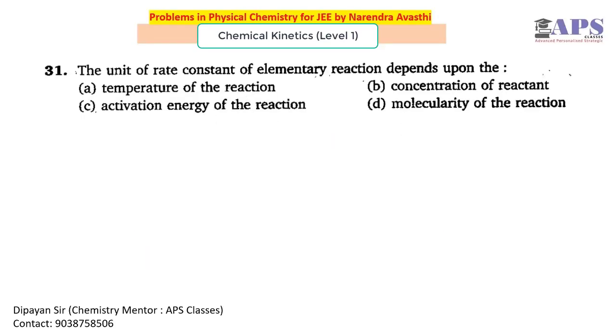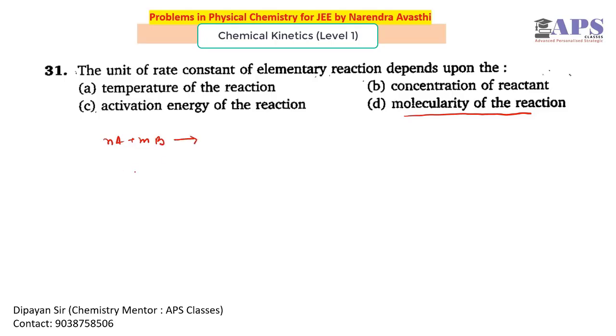In question number 31, the unit of rate constant of elementary reaction depends upon the order of the reaction. For an elementary reaction, the order depends on the molecularity of the reaction, correct? And molecularity of the reaction will become order. So if we have nA plus mB, it is an elementary reaction.